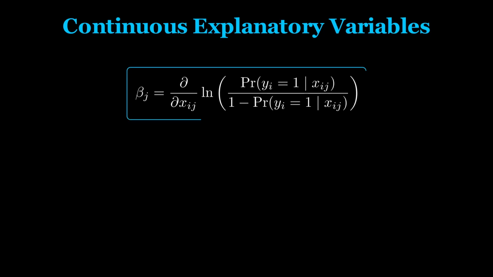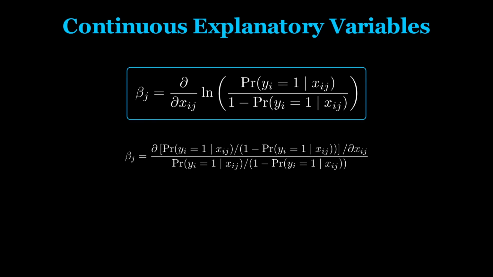What if the jth explanatory variable is continuous rather than binary? In the continuous case, since the variable is differentiable, we take a derivative instead of a difference. Beta j is the partial derivative of the log odds with respect to that explanatory variable. Because the derivative of a log is the derivative divided by the function itself, we can also write beta j as the rate of change of the odds relative to the odds.